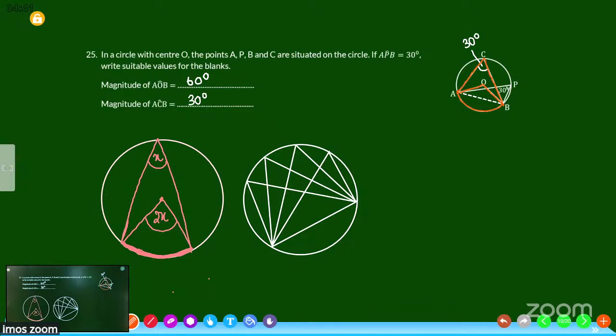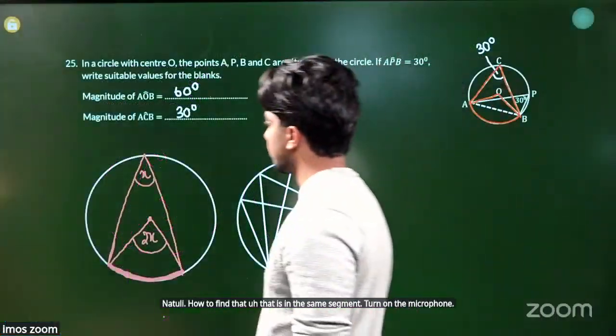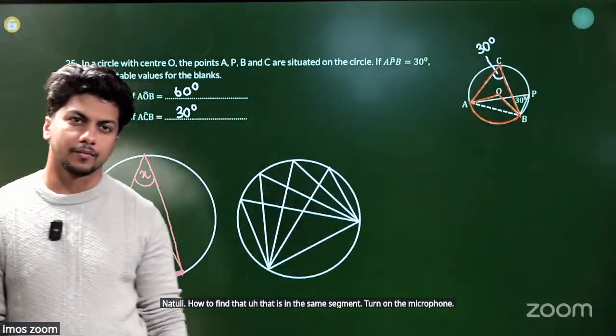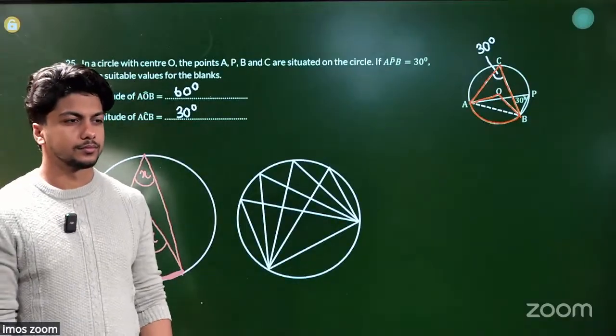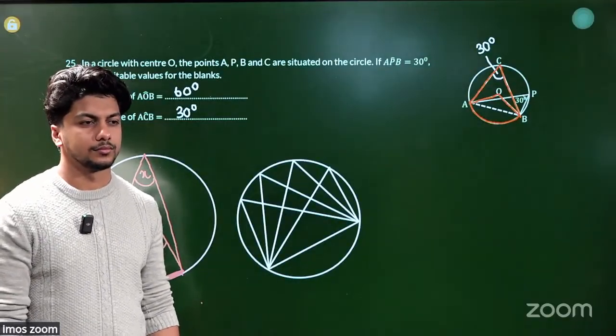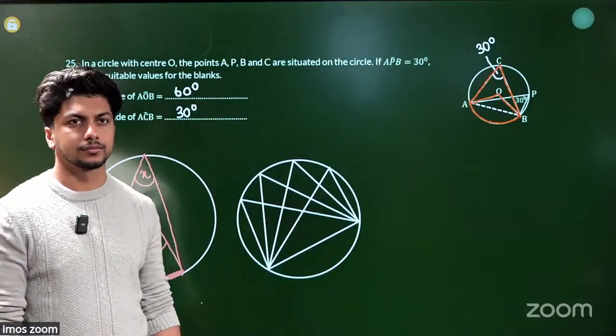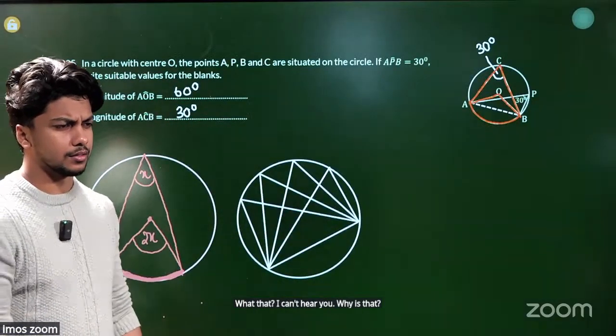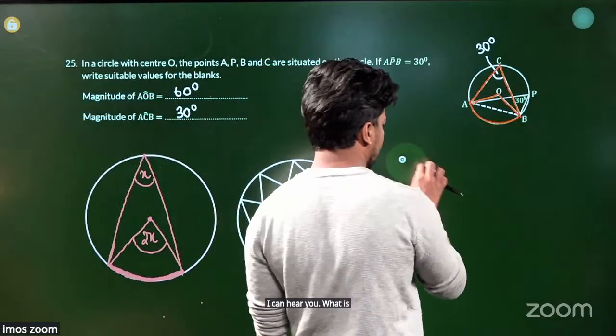How to find that they are in the same segment. Mithuni, turn on the microphone. Sir, I can't hear you. Why is that? Sir, I can hear you now. What is the problem? Sir, how to find that ACB is in the same segment?